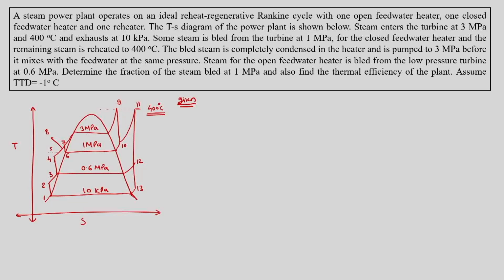Then further given is that this temperature is 400 degree Celsius. So we mention the given things: P9 is equal to P7 is equal to P8 is equal to P5 is equal to P4 is equal to 3 megapascal. Then P10 is equal to P6 is equal to 1 megapascal, and this is also equal to P11.